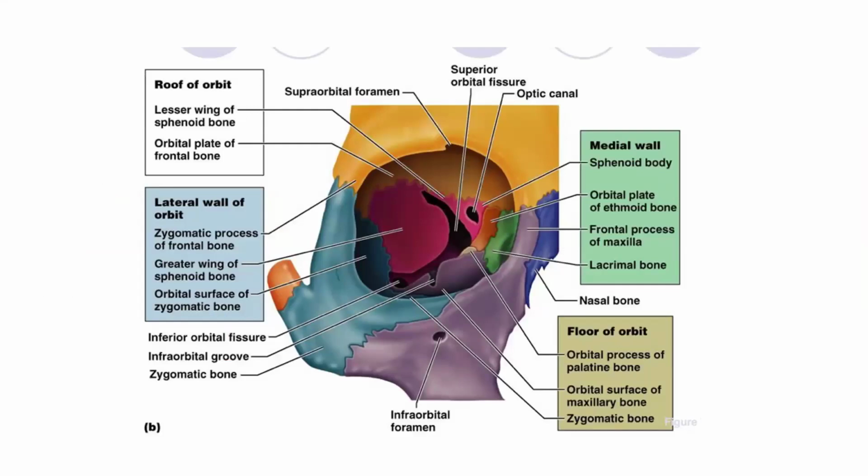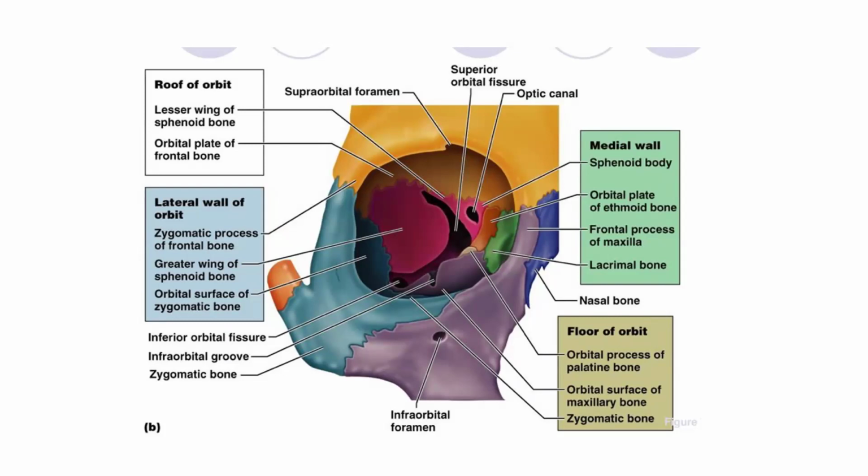We have to understand that a roof or any other wall is not a single bone. It has got 2 to 3 bones together. For example, the floor is made up of the orbital process of palatine bone, which is a small bone on the posterior aspect of the floor, the orbital surface of the maxillary bone, and the zygomatic bone.